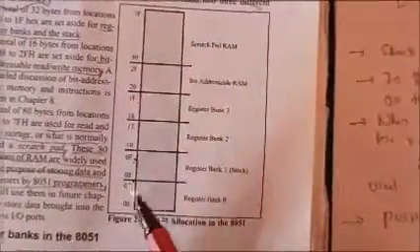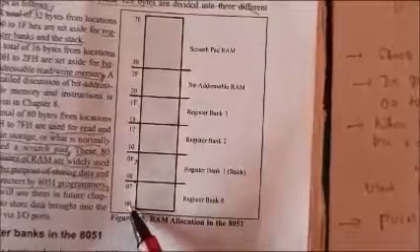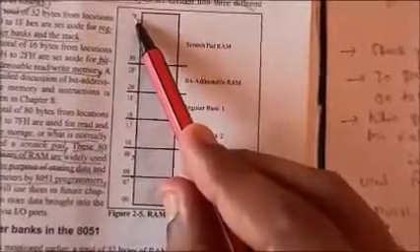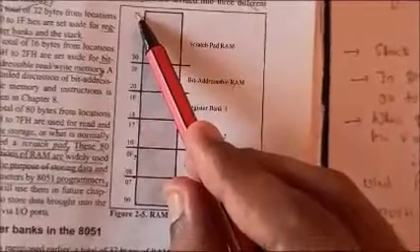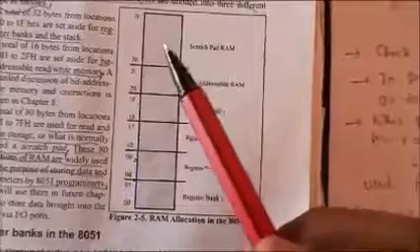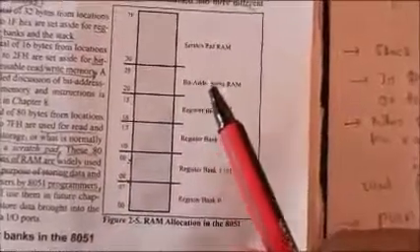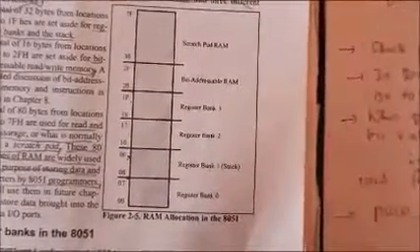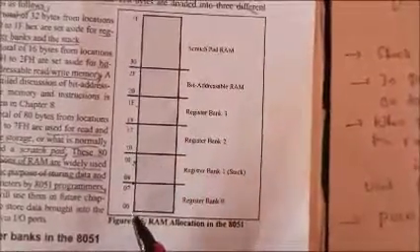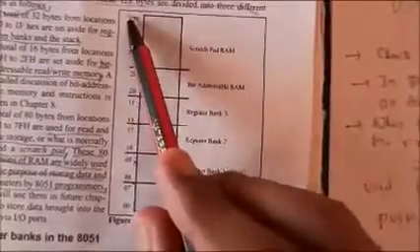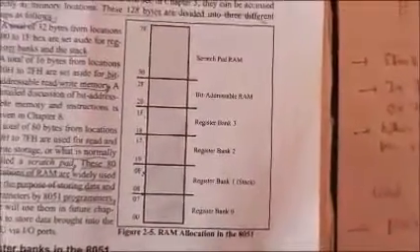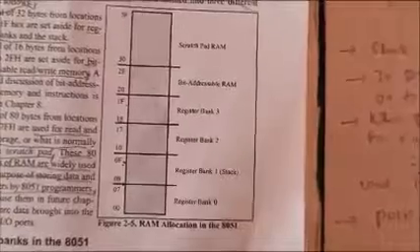If I start with 00, the last address should be 127 in decimal. If you convert it to hexadecimal, it will be 7F. So the hexadecimal range is 00 to 7F, and in decimal it is 0 to 127. That means 128 bytes of internal RAM.